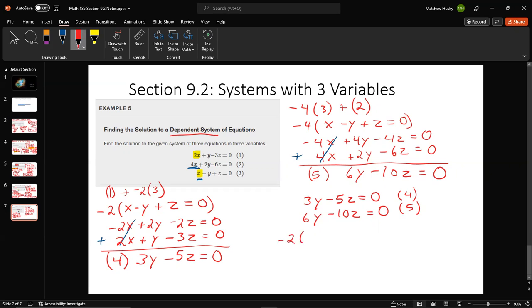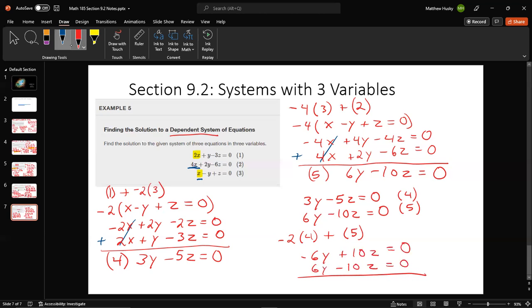So we do -2 times equation 4 and then add equation 5. -2 times 3 will give you a -6. That will pair nicely with the +6 that's under it. If we multiply this top equation by -2, I will get -6y plus 10z equals 0. And this is 6y minus 10z equals 0.